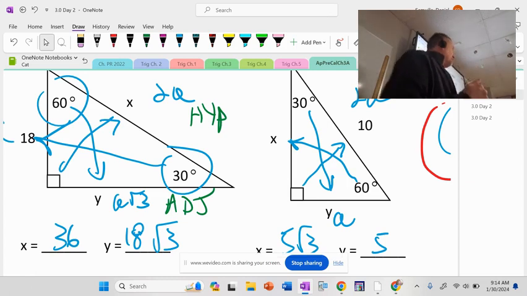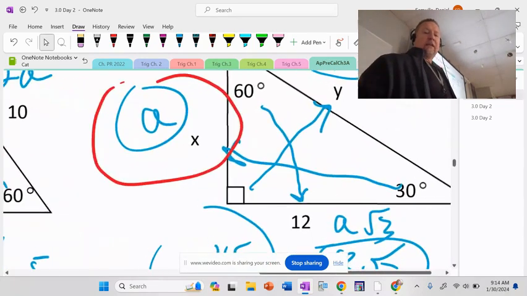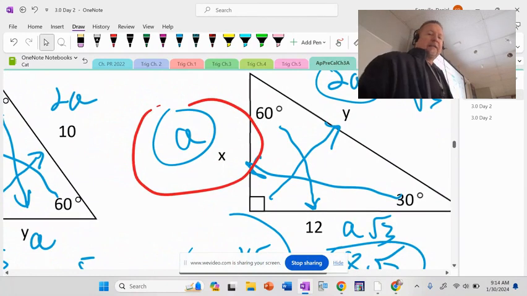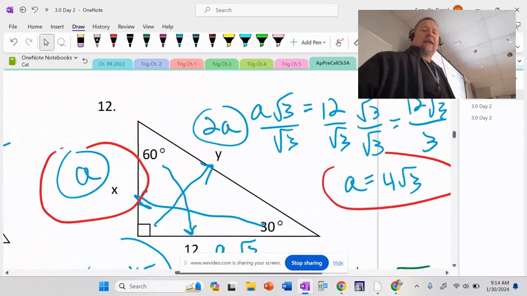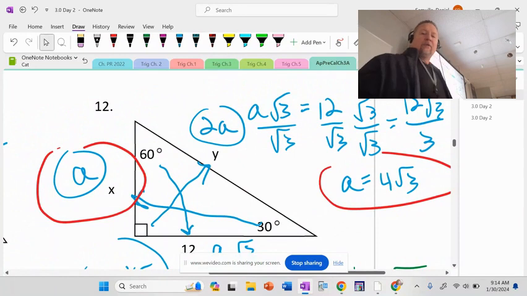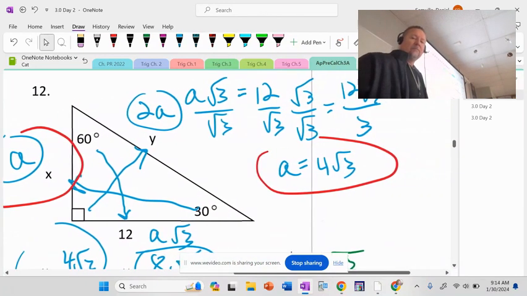Now, hopefully more people got the next one right because it was the same thing you had to do on the previous page. Unfortunately, the 60-degree side is given, which is supposed to be the A root 3 side. So how do you find out what the other sides are? You literally set that equal. So the A root 3 is 12. You set it equal to A root 3.